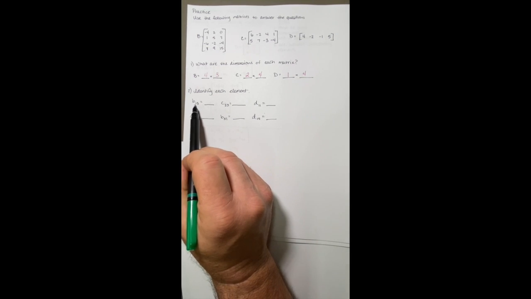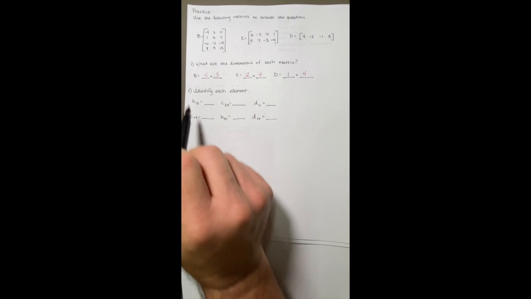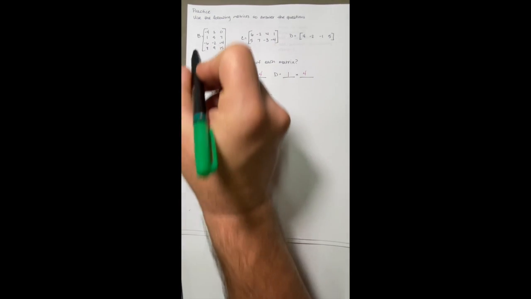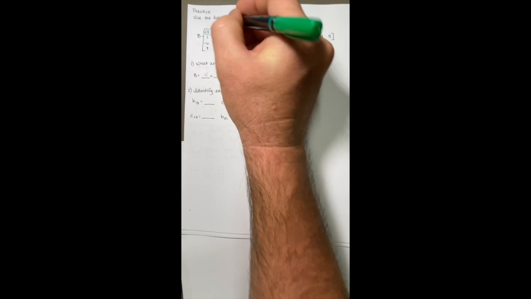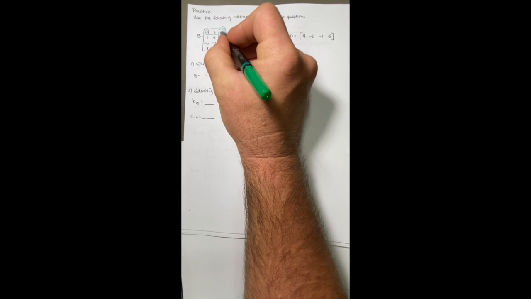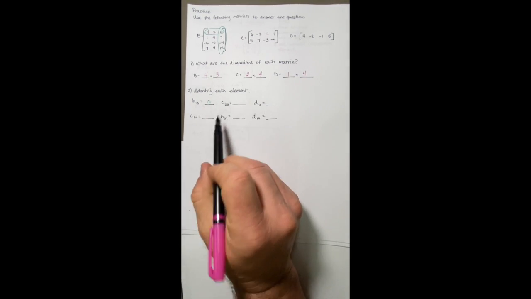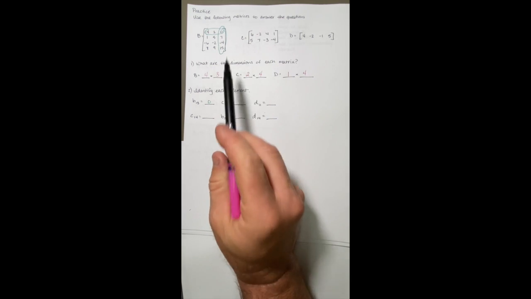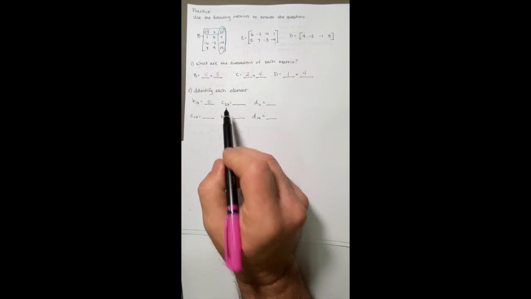The next one is simply asking for elements. Now I'm going to use different colored pens for this just to help you see it a little bit. This is looking for b13. So matrix B right here, row 1, column 3. Row 1, column 3, 0. The next one says c23, matrix C, which is that guy, row 2, column 3.